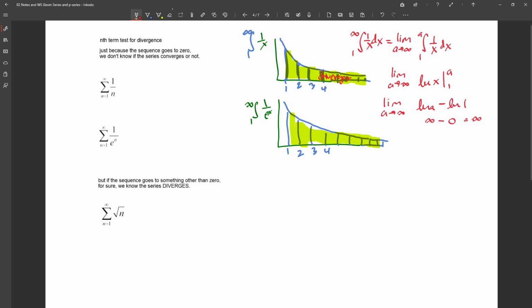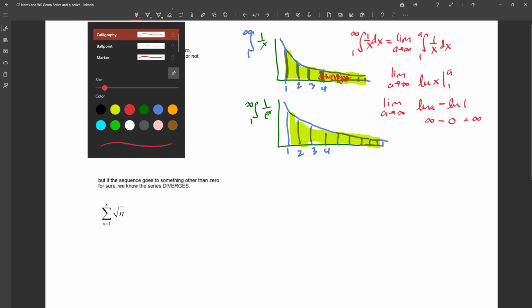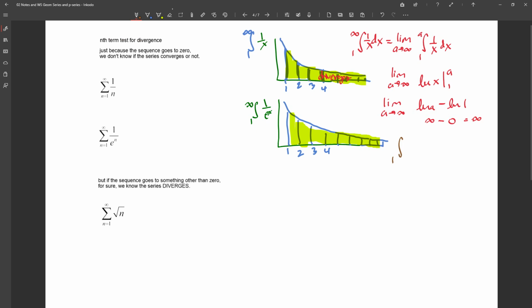If I looked at this problem here, this was the integral from 1 to infinity of 1 over e to the x dx, right? That's the same thing as the limit as, let me do b this time, b goes to infinity of the integral from 1 to b of e to the negative x dx. The antiderivative of e to the negative x is negative e to the negative x from 1 to b.